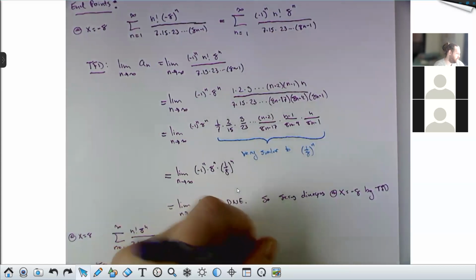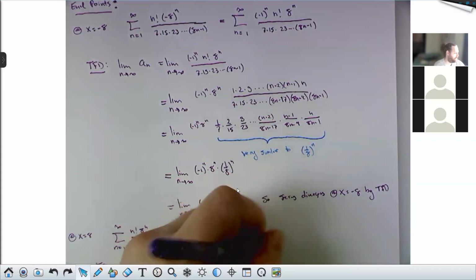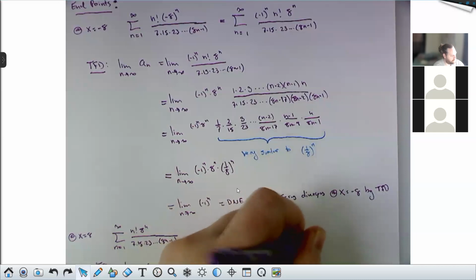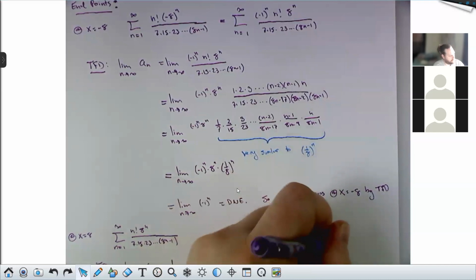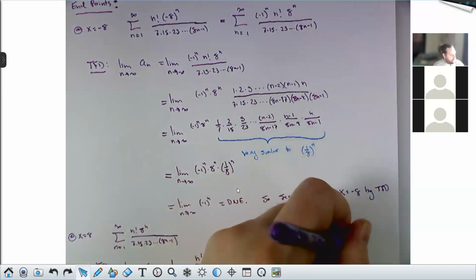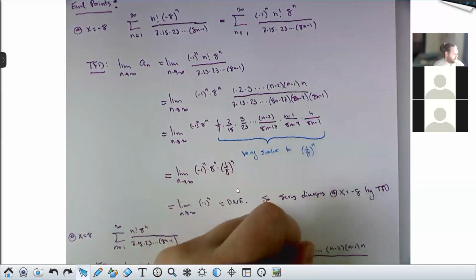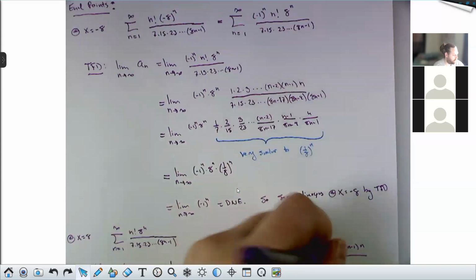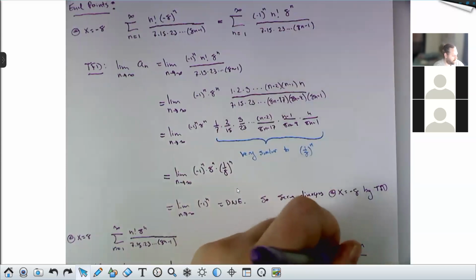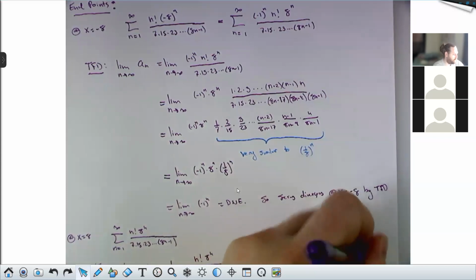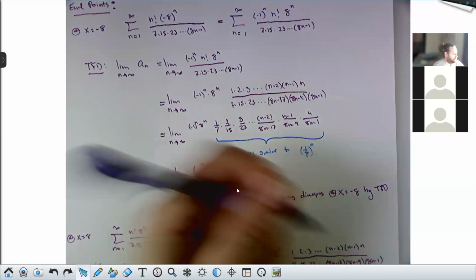I would write this as lim n to infinity, 8 to the n times the factorial, 1 times 2 times 3 up to n minus 2, n minus 1, n over that product, 7 times 15 times 23 up to 8n minus 17, 8n minus 9, 8n minus 1.